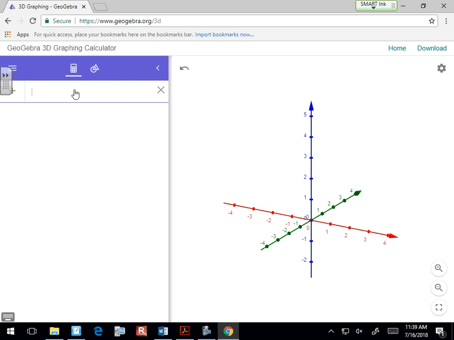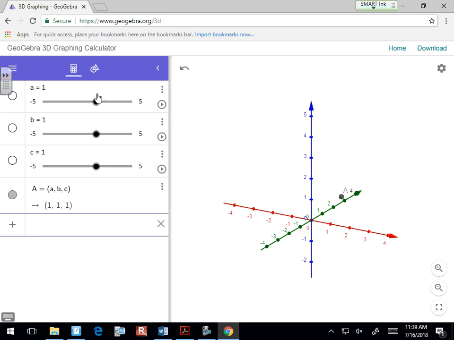I will come up with three constant coordinates, but using general terms, and create sliders for each so I can move it around. And then do another one.